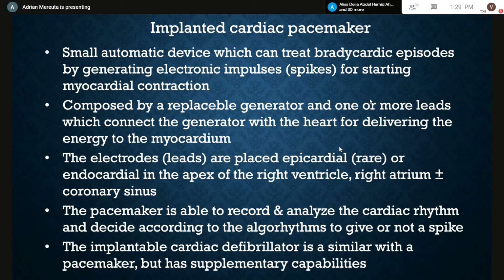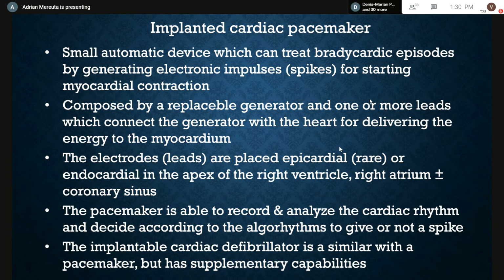Usually it's one lead, but there can be two, or sometimes three leads, which connect the generator with different chambers of the heart. If it's only one, the most frequent chamber to be stimulated is the right ventricle. If there are two, usually it's the right atrium and the right ventricle.